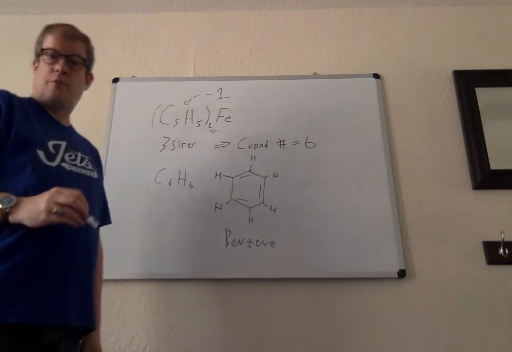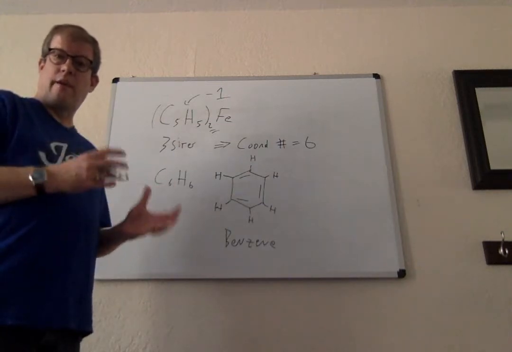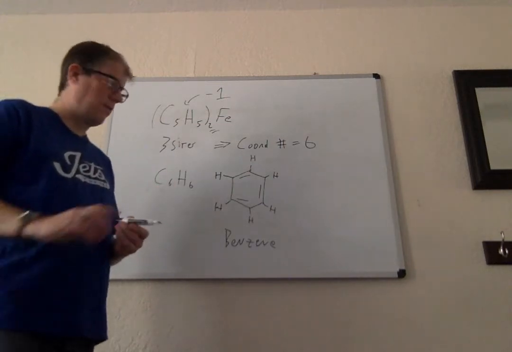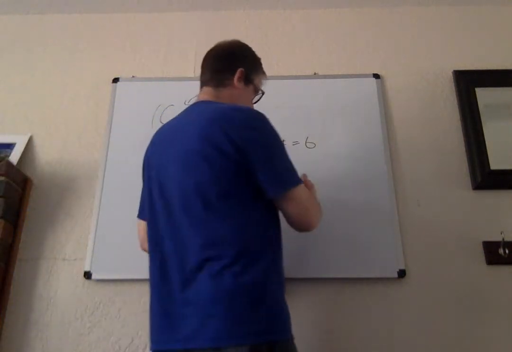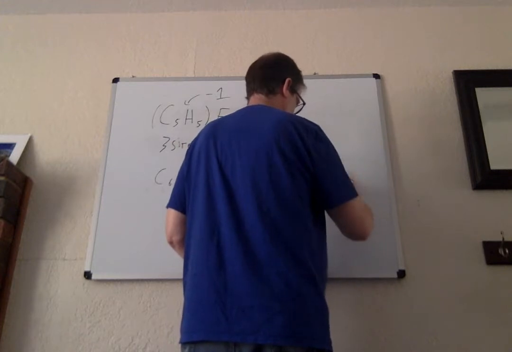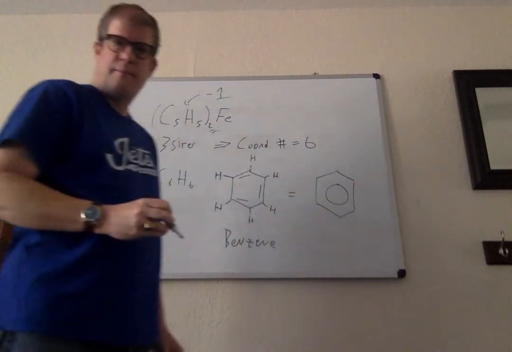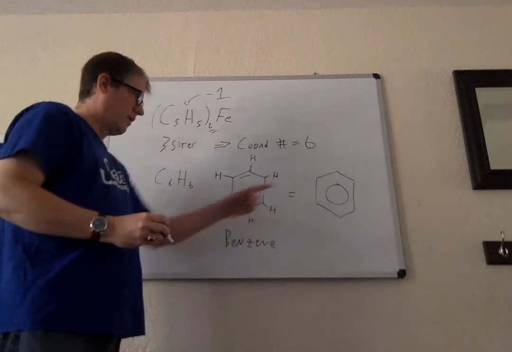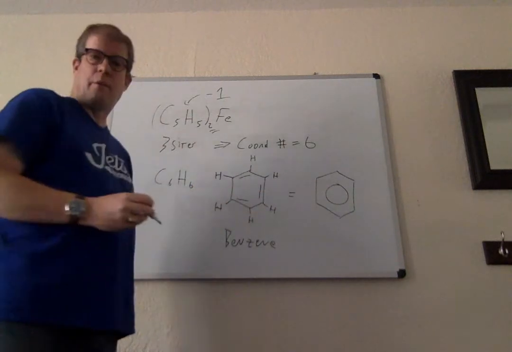You'll also see this represented, because again, it's an aromatic system with 6 pi electrons. You might see this, and you will see it, drawn like that. This and that are equivalent.